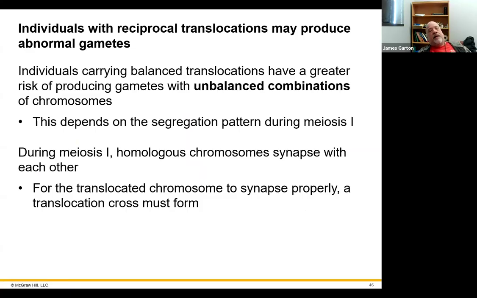In the case of an inversion, for the homologous chromosomes to line up properly during meiosis I, they have to make an inversion loop. In the case of a translocation, what has to happen to make the chromosomes align correctly is you have to form what they call a translocation cross.